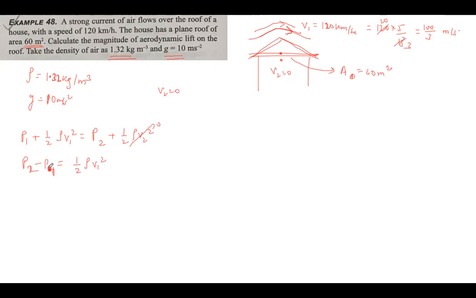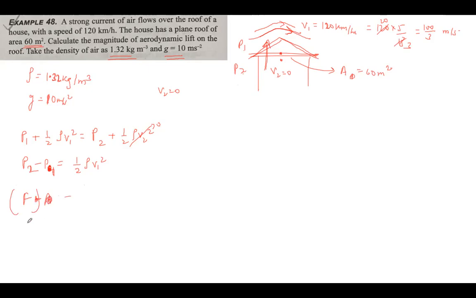P2 minus P1 is the pressure difference that creates the force. The pressure here is P1, here it is P2. P2 is more than P1, so this is applying the force. So P2 minus P1 is F divided by A.